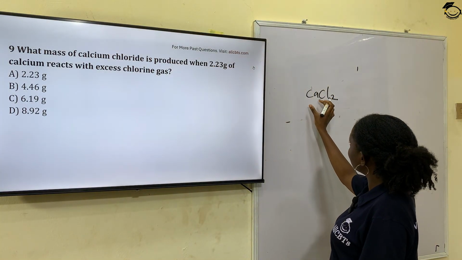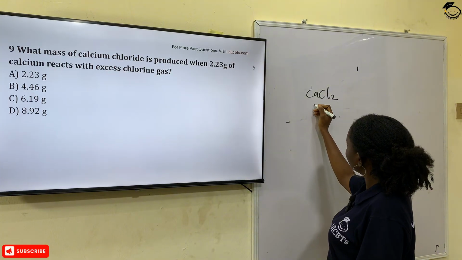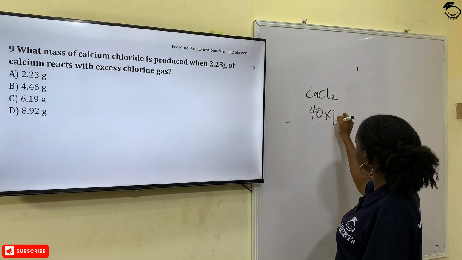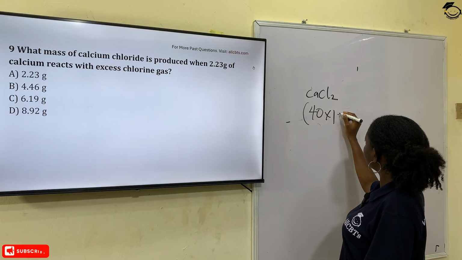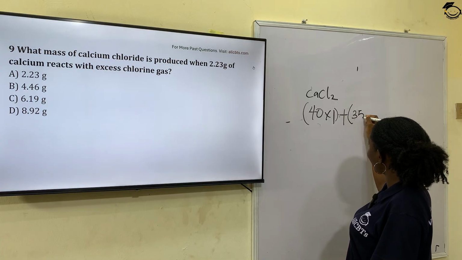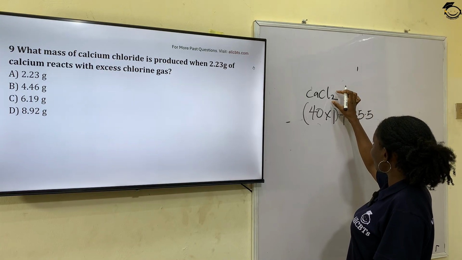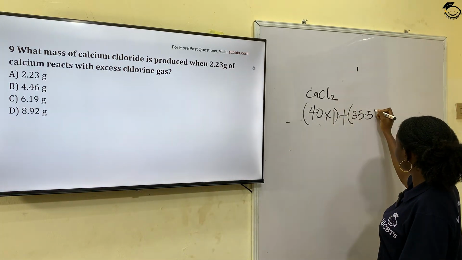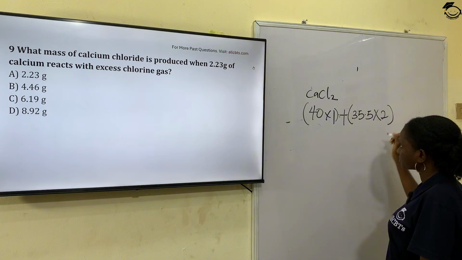We know that the mass of calcium is 40, times 1, plus chlorine is 35.5. Because we have 2 atoms, that means we'll multiply it by 2.